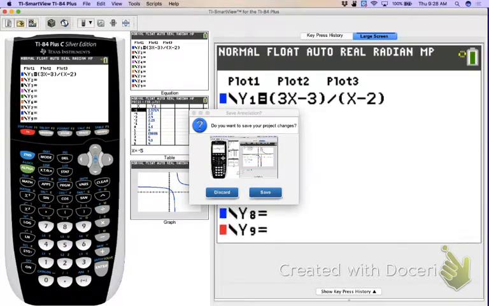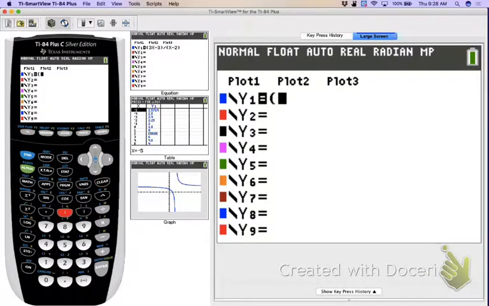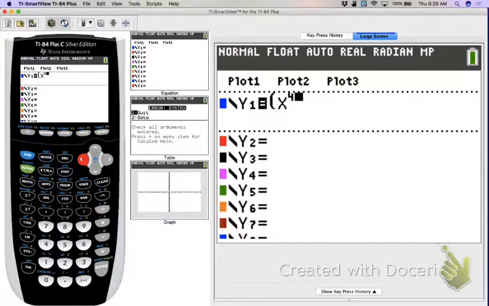If I would graph 11, and I have y equals x to the 4th divided by x squared plus 2.